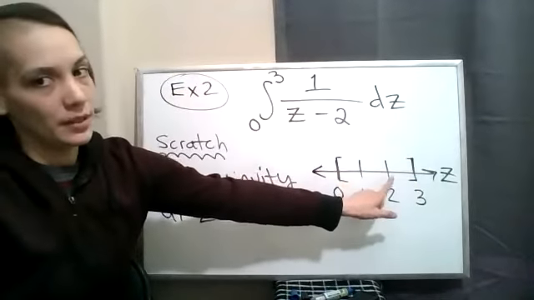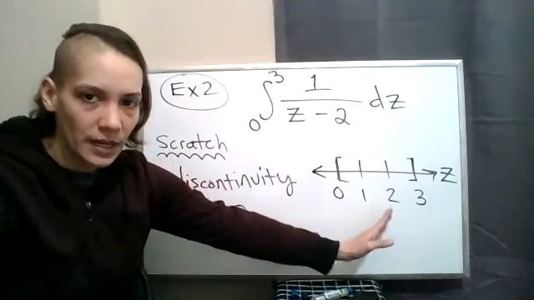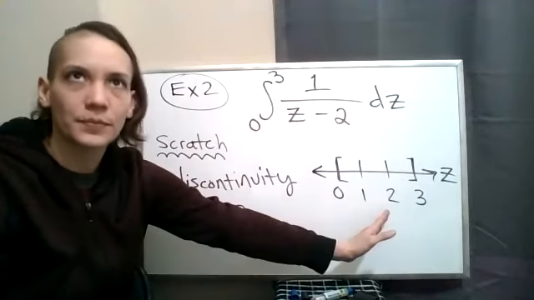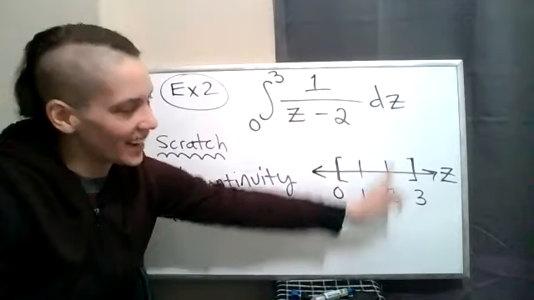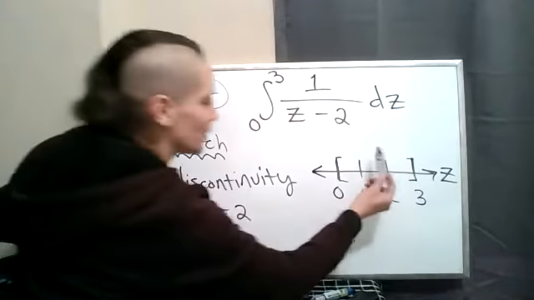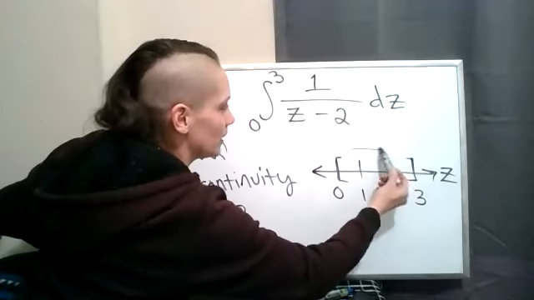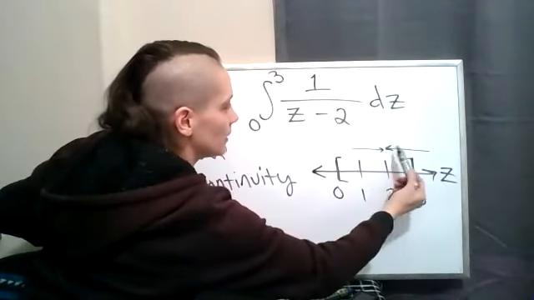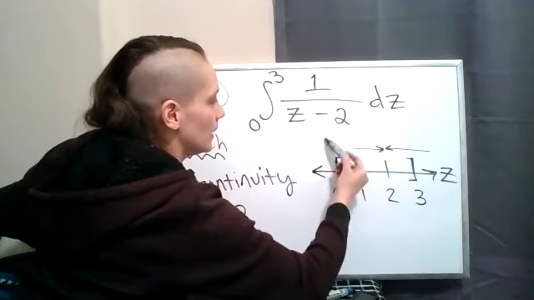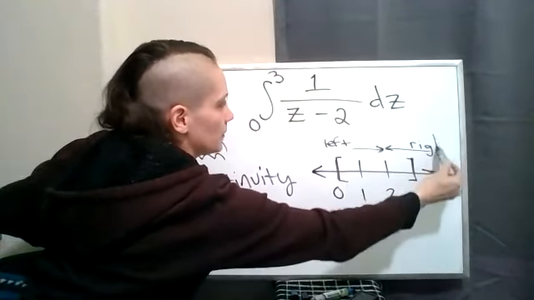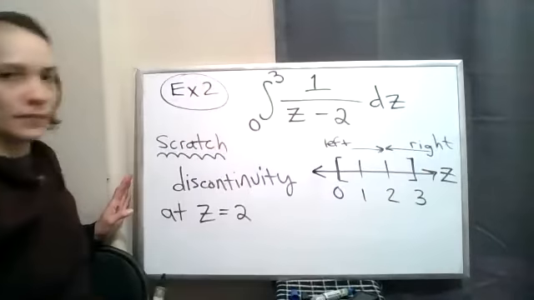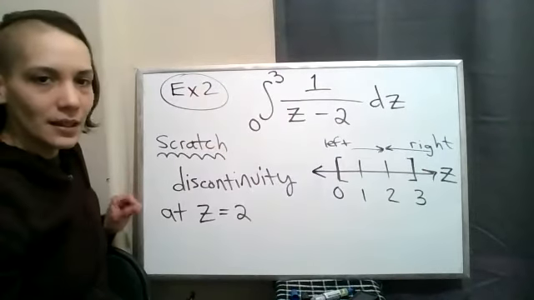And there's a problem. This function has a vertical asymptote at z equals 2. So we approach here, there, on the left, and the right. Cool.